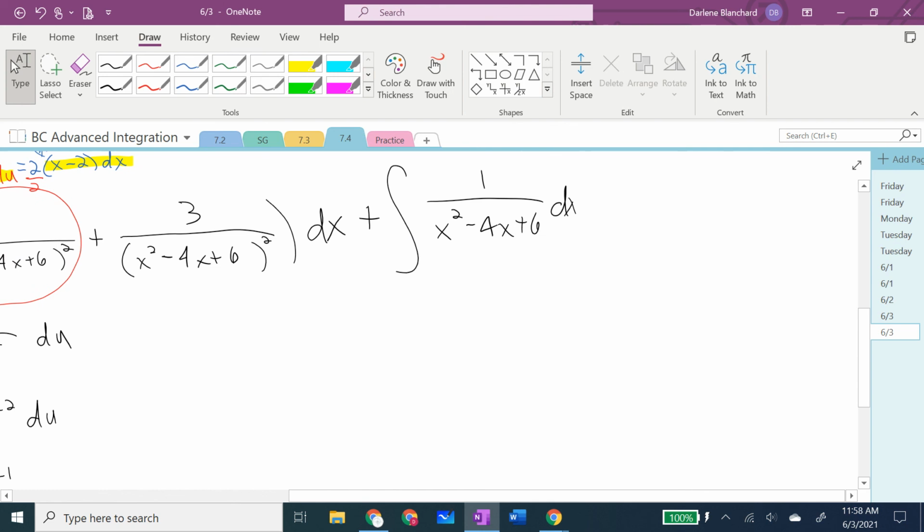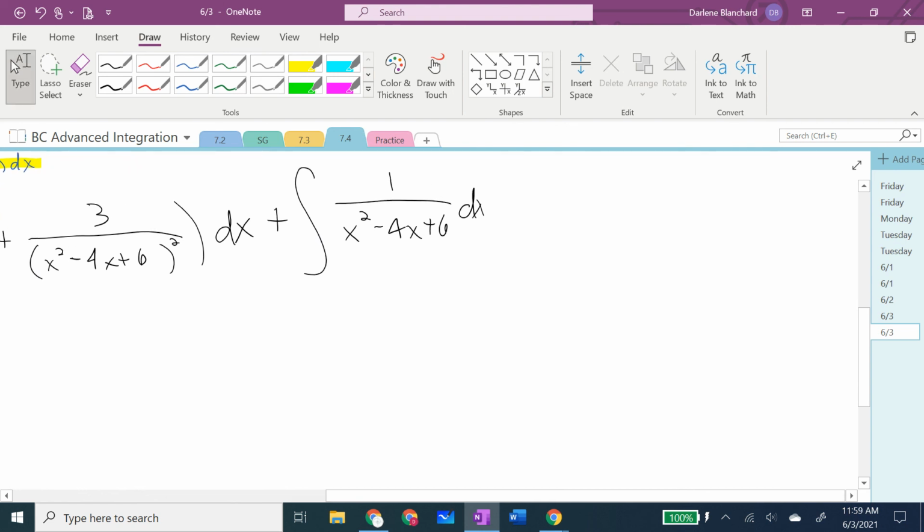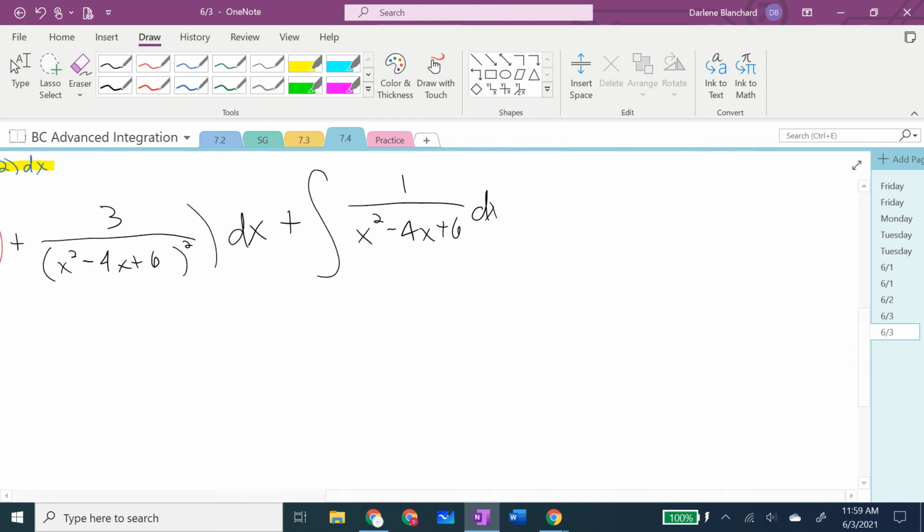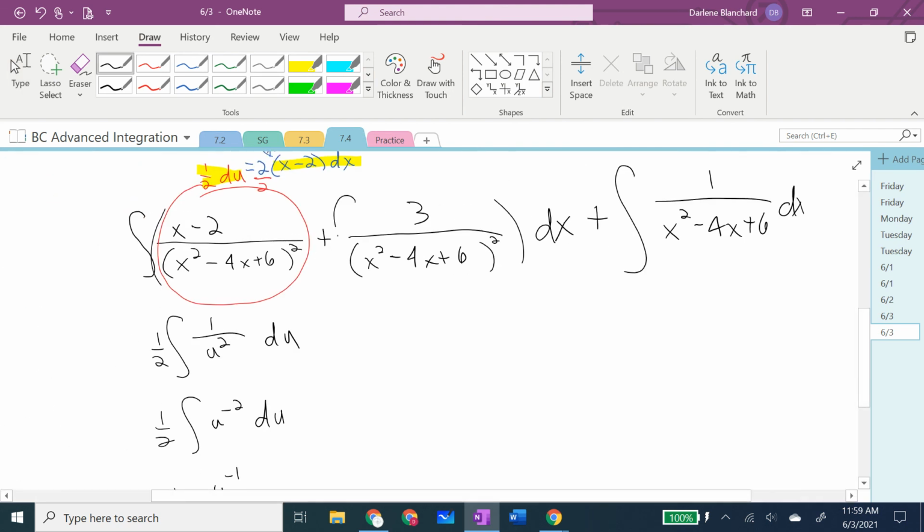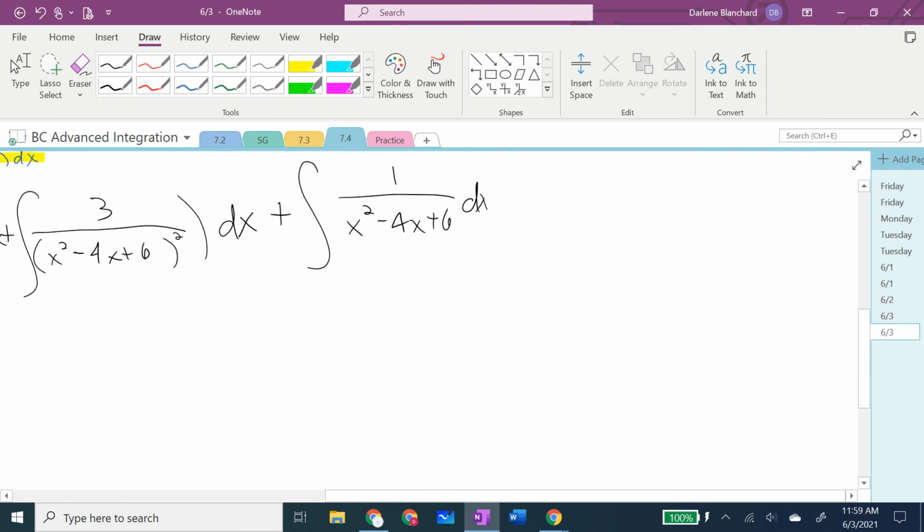And now it's time for trig substitution. Both of these next two integrals are going to use the same exact trig substitution. And I'm going to do this to kind of focus a little bit better. There we go. Okay.